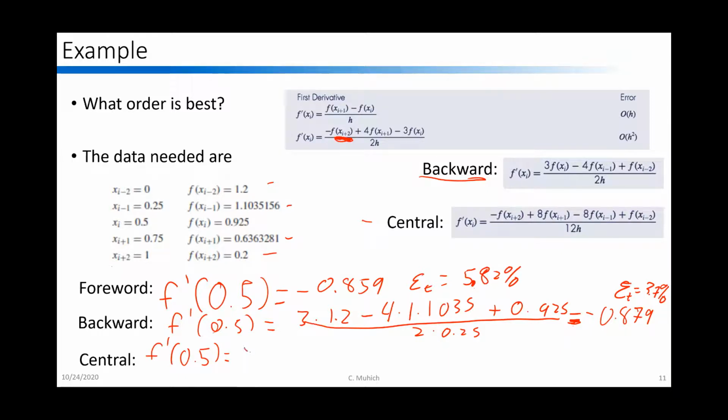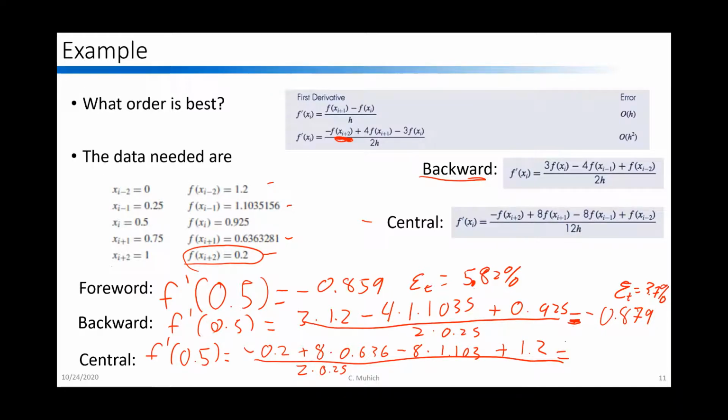So in this case, I have negative the forward space, 0.2, plus 8 times the f of xi plus 1 function value, 0.636, minus 8 looking backwards one space, 1.103, plus looking back 2, which is 1.2, all over twice my difference.